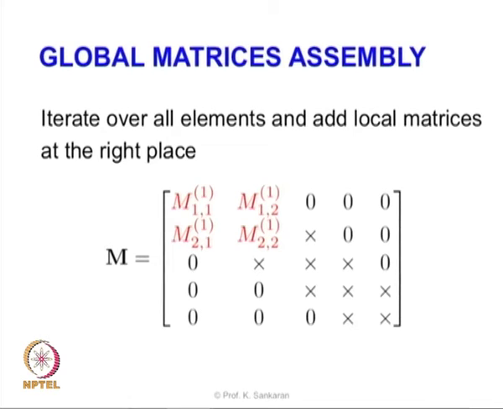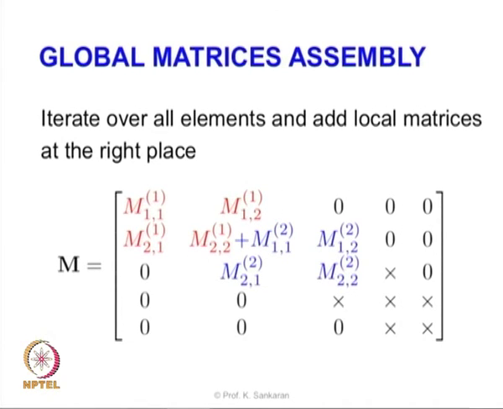As I explained, the first combination is because of this element, which is the first element. This is the first node's contribution on the first node itself, the first node's contribution on the second node, the contribution from the second node on the first node, and the second node on the second node itself. Similarly, when I go to the second element, there is an overlap.